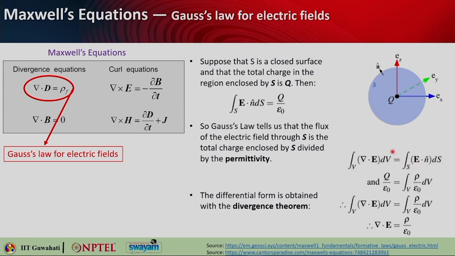So now this is in terms of volume. Again, the right hand side of this equation, q by epsilon naught, you can write as the volume integral of rho dv over epsilon naught.